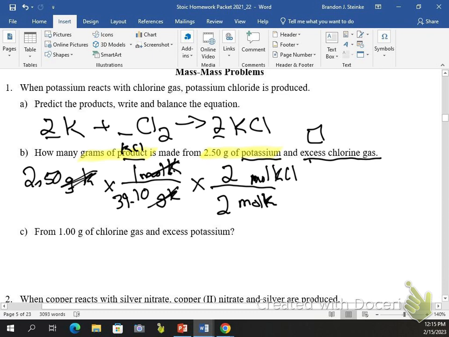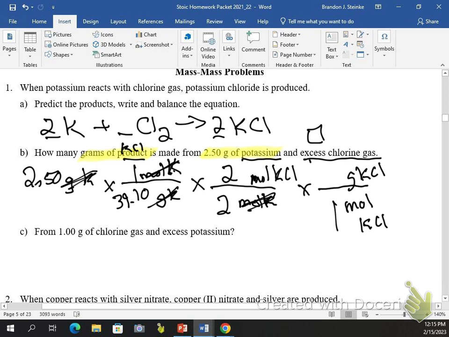So now I'm out of moles of K, and I'm currently in moles of KCl. Is that where I want to be? Can I stop right now? No, because I want grams of my product. I want a mass of my KCl. So what do I have to do? One more step, moles of KCl into grams of KCl. How do I do that? The molar mass, right?